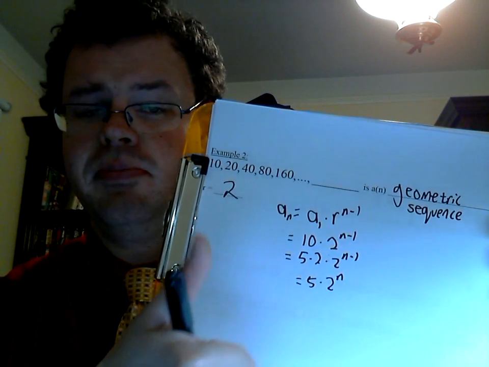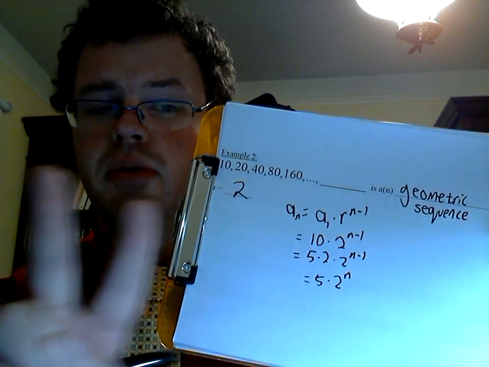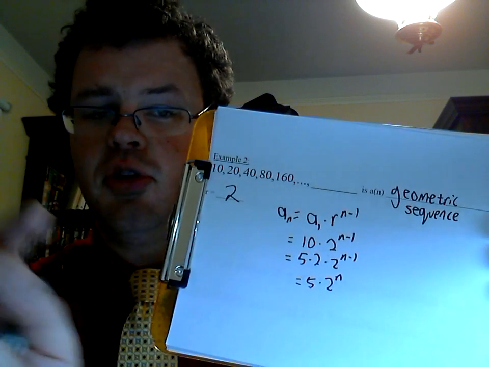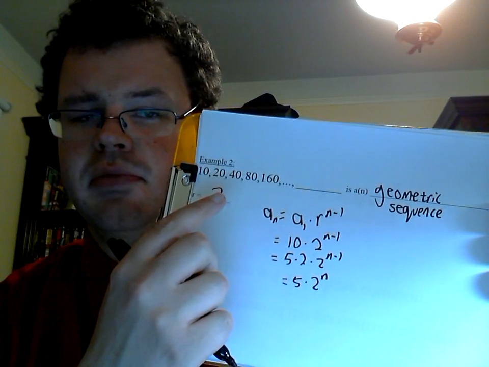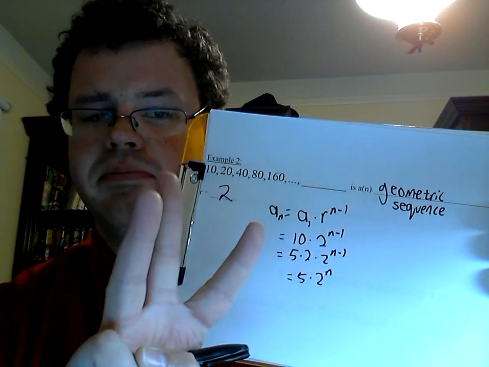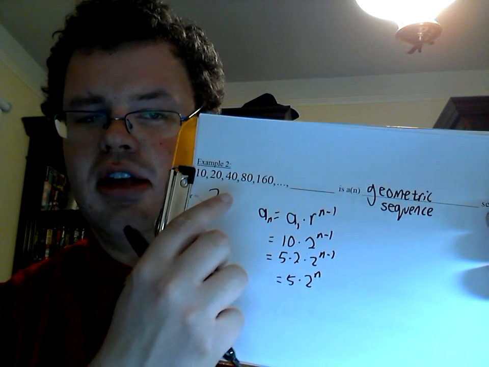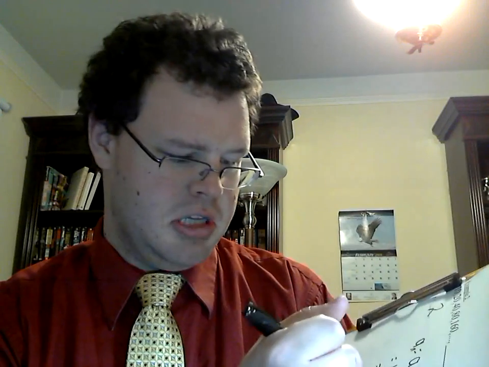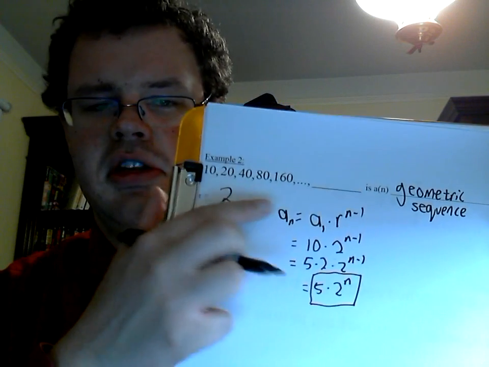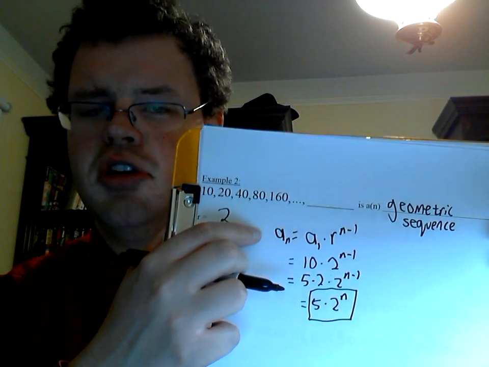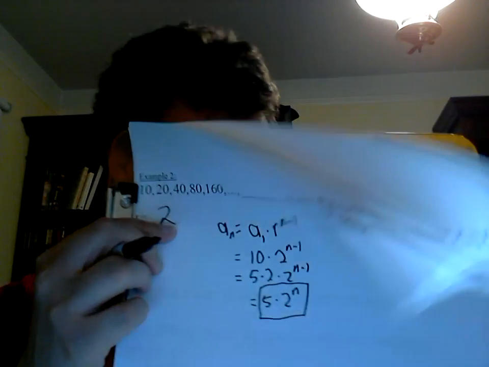That's our first term. If I plug in 2, 2 squared is 4 times 5 gives me 20. If I plug in 3, 2 cubed is 8 times 5 gives me 40. Yeah, this seems to work pretty well. So this formula right here, pretty good formula for a geometric sequence.